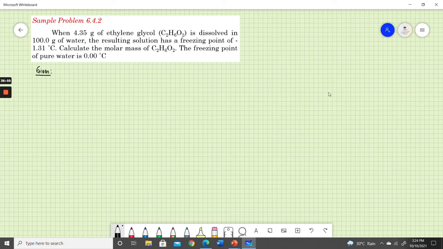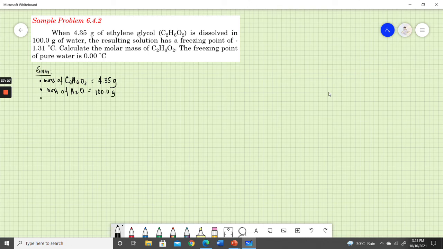Okay, so our first given is they gave us the mass of our solute, which is C2H6O2, not C6, this is C2, H6O2, which is 4.35 grams. Next, ibinigay din na yung mass ng ating solvent, which is 100 grams.